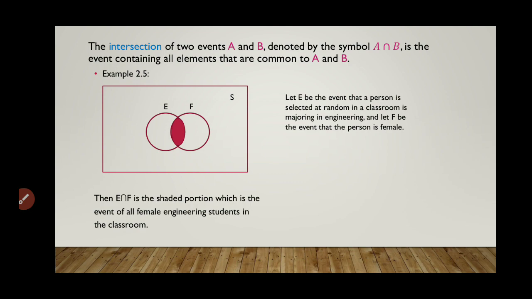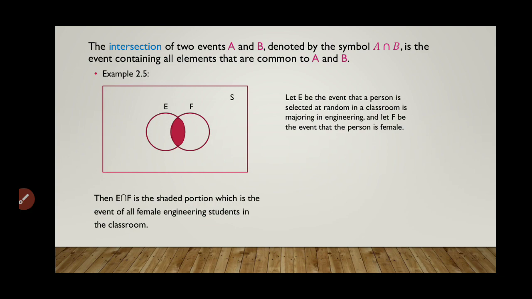The intersection of two events, A and B, denoted by the symbol A ∩ B, is the event containing all elements that are common to A and B. So, pag sinabi naman natin intersection, ayun na yung clue natin, may intersection sila, ibig sabihin may common.